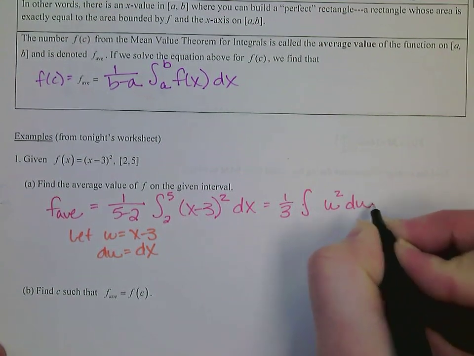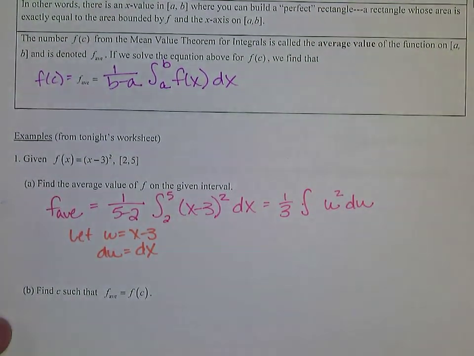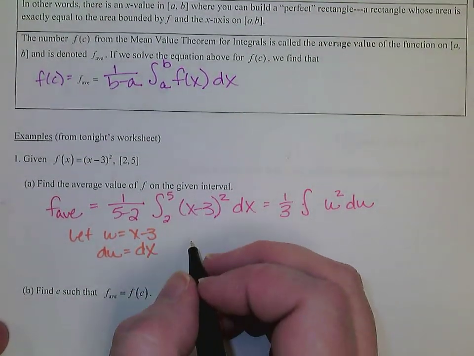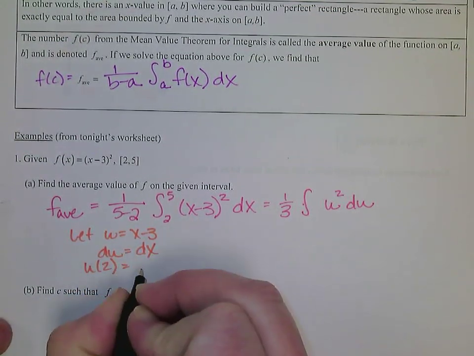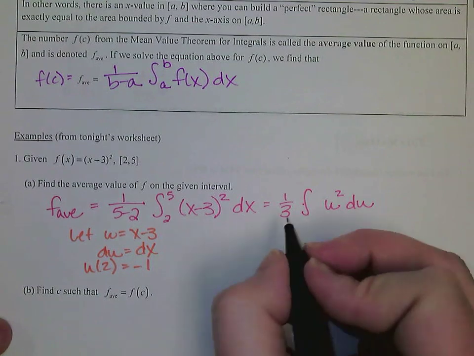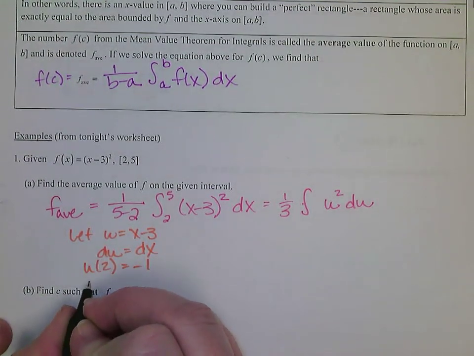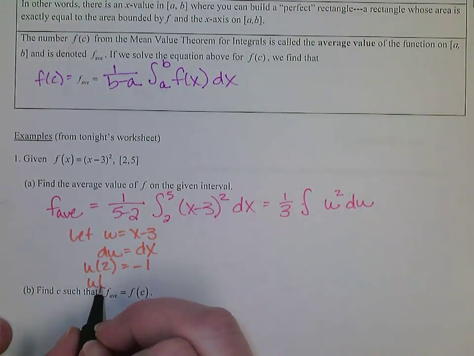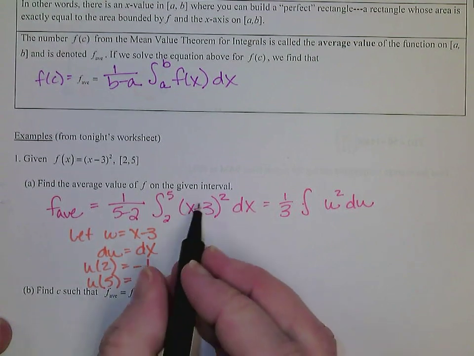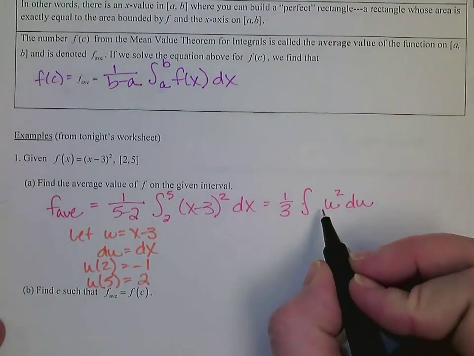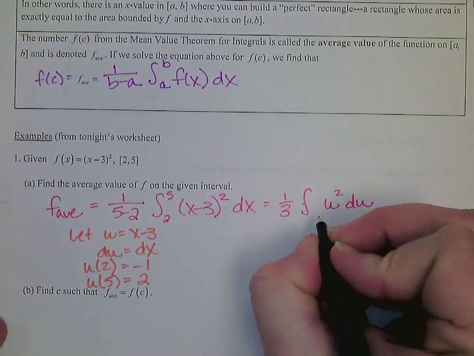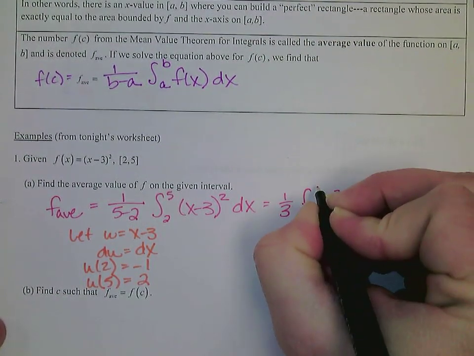Since I've changed my x's to u's, I'm going to change all of my bounds too. If x is 2, then u is 2 minus 3, negative 1. And if x is 5, then u is 5 minus 3, which is 2. So that's the definite integral of u squared from u equals negative 1 to u equals 2.